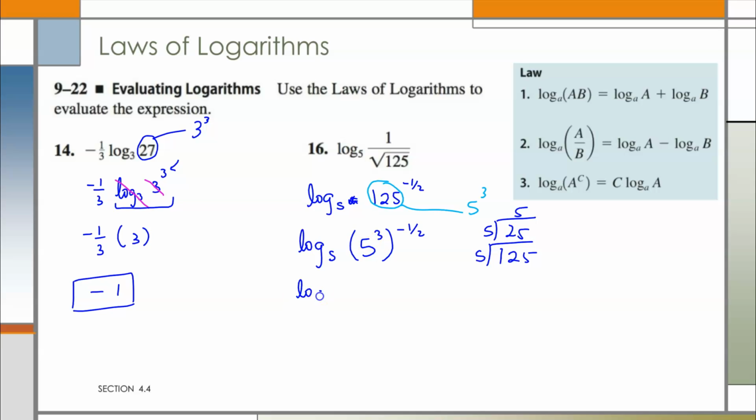Then this becomes log base 5, and with a power raised to a power, we multiply those two together. That's an exponent rule. We know a logarithm undoes an exponential, and so we're left with negative 3/2. Our goal is to get the log base and the exponential base the same so we can cancel one another out.